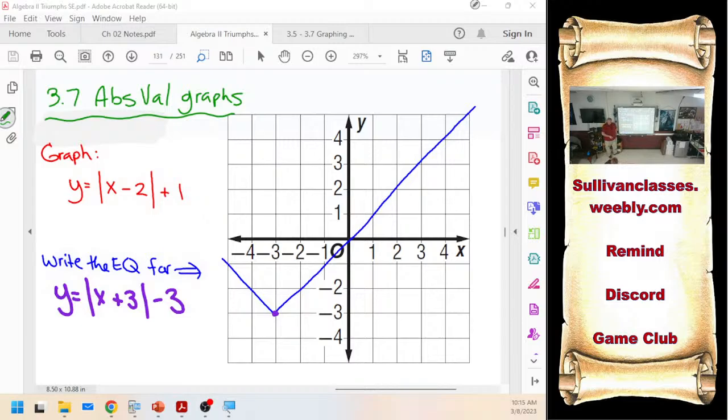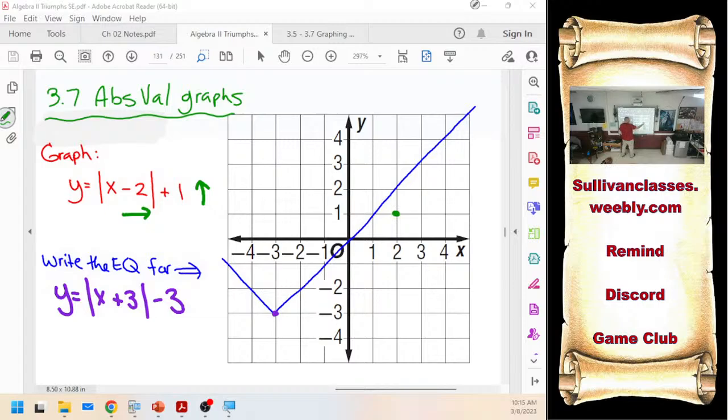Go look at your cheater. Right. It is right. Inside the grouping is left and right. Opposite signs means right 2. Outside the grouping is up and down. Regular signs means positive is up. So I'm going to take a normal V and move it right 2, up 1.